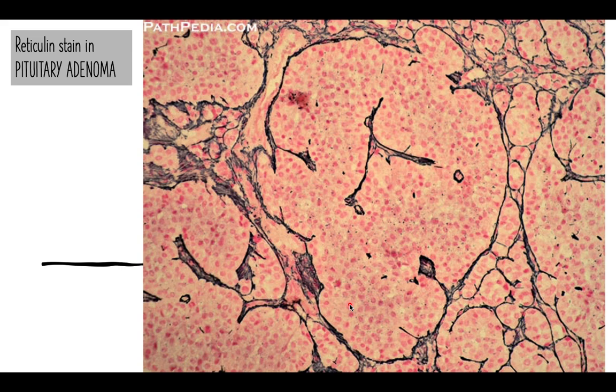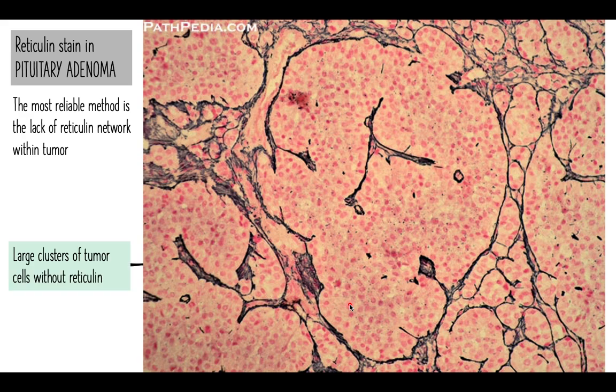How do we differentiate whether the cells are normal pituitary, adenoma, or hyperplasia? One of the most reliable methods is the lack of a reticulin network within the tumor. In the normal pituitary, this reticulin stain is supposed to stain the reticulin fibers surrounding the small acini of the pituitary cells.